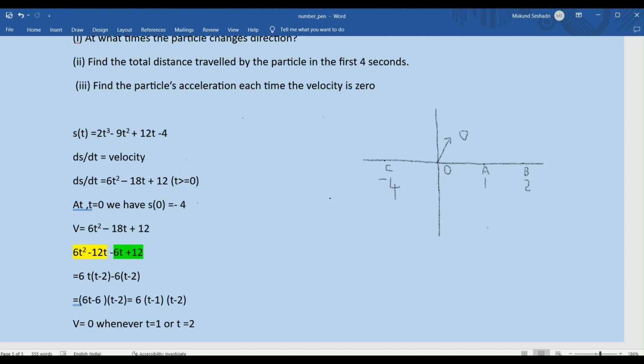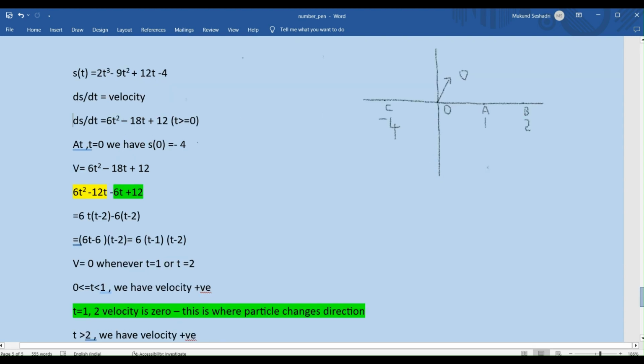So we've been asked to find the total distance traveled by the particle in the first 4 seconds. Now this is where many of us can go wrong. We know that the particle is at location C, minus 4, at time t equals 0.